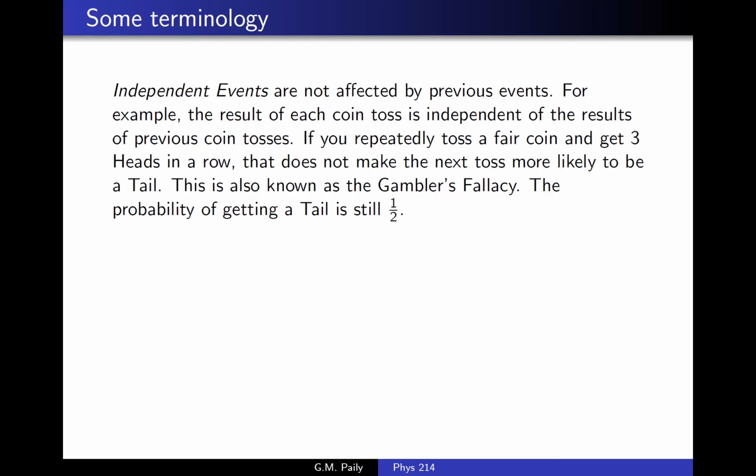This is what is called the gambler's fallacy. A lot of gamblers fall for it. They think that it has to correct to the average, so to speak. But no, each individual toss is independent of the ones that happened before. The probability of getting a tail is still 1/2. Probability of getting a head is still 1/2.